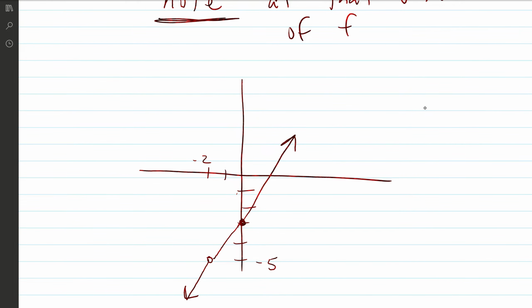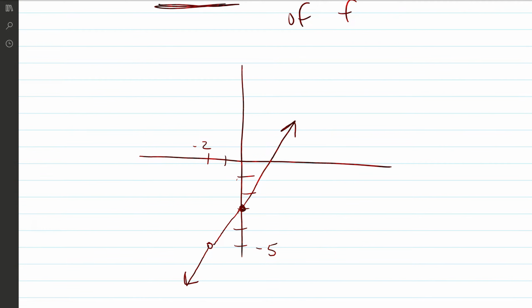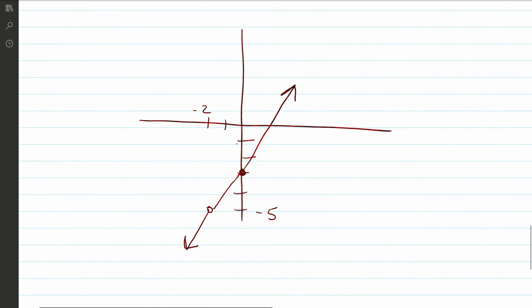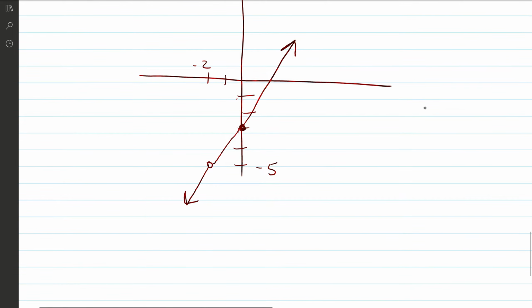All right, so at this value, at x being negative 2, so the ordered pair negative 2 comma negative 5, we see that hole that appears in the graph of our function. So we will still evaluate the limit at x equals negative 2.